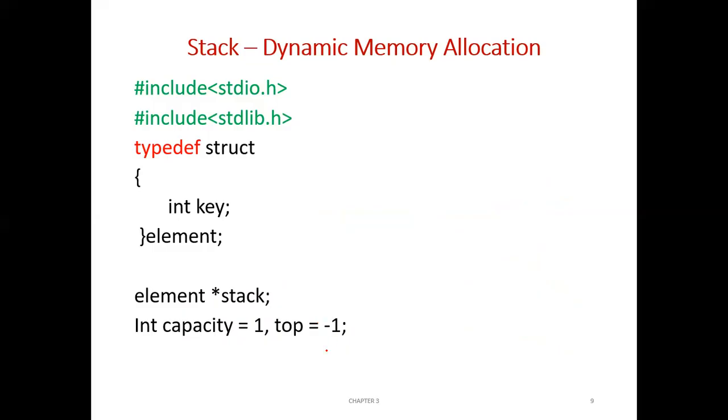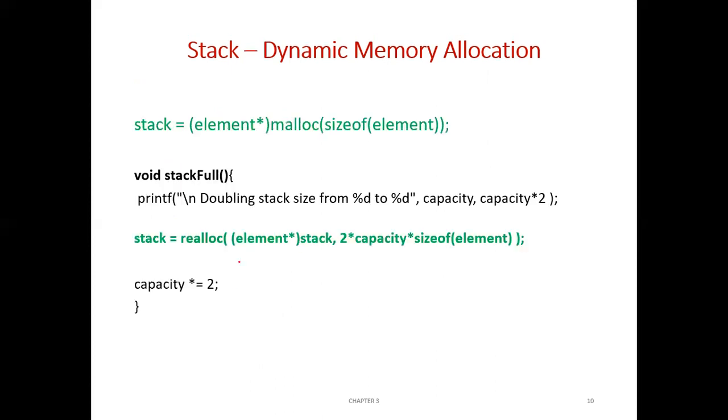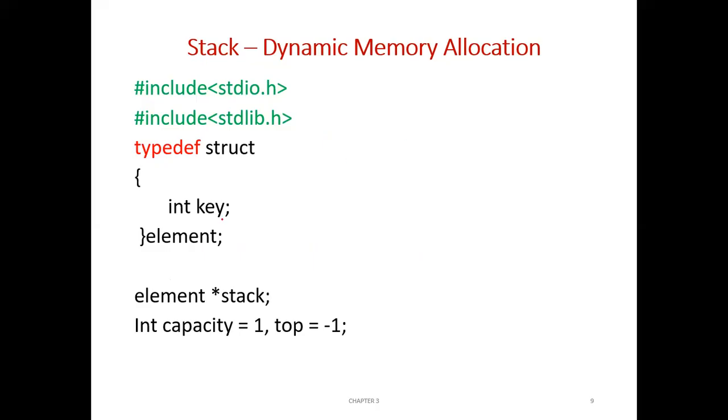Okay. Now, when you begin the program, you should be able to push one element in the stack. That is, the capacity of the stack should be 1. So for that, we are writing this statement: stack = (element *) malloc(sizeof(element)). What is element?